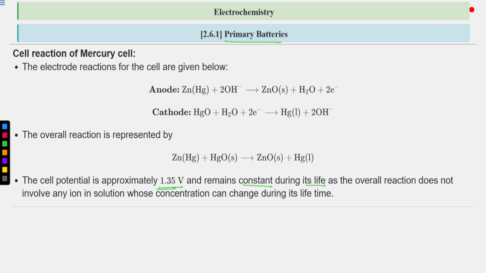This cell potential remains constant during its life because the overall cell reaction does not involve any ion in the solution whose concentration can change during its lifetime.